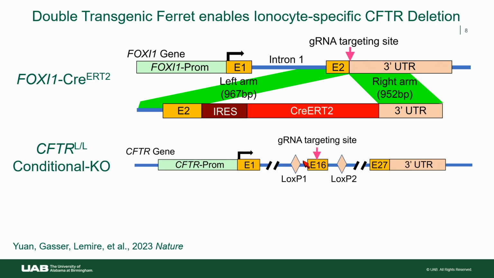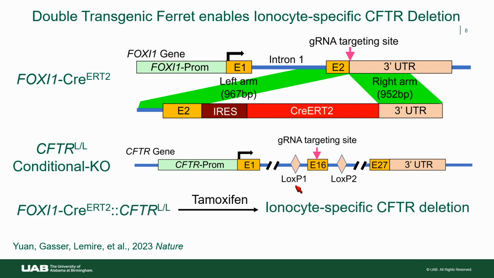We inserted two loxP sites, which flox CFTR exon 16. Then the double transgenic ferret, FOXI1 CreERT2 and CFTR flox, upon tamoxifen induction can really make an ionocyte-specific CFTR deletion. So this is a gene deletion in a cell-type-specific fashion.